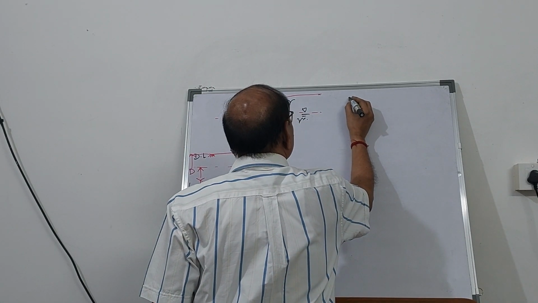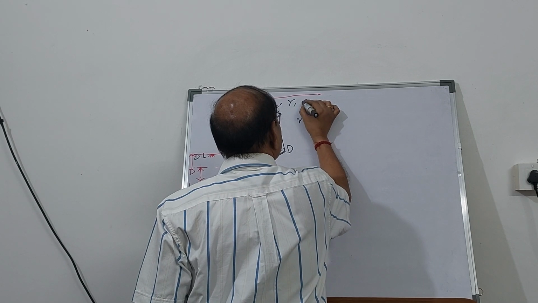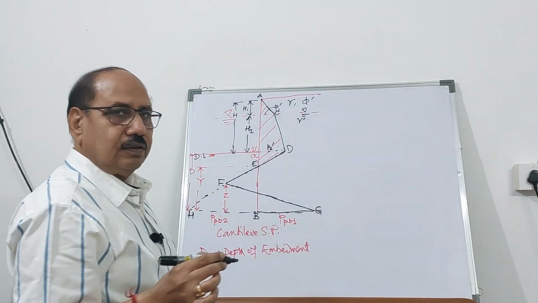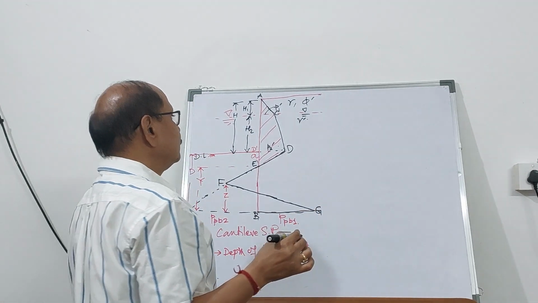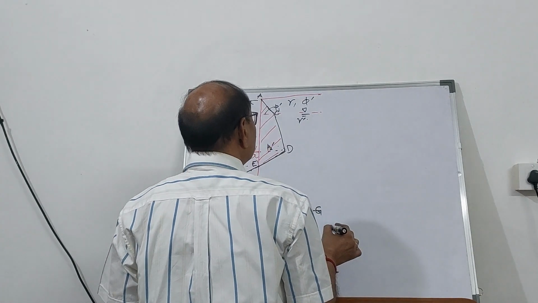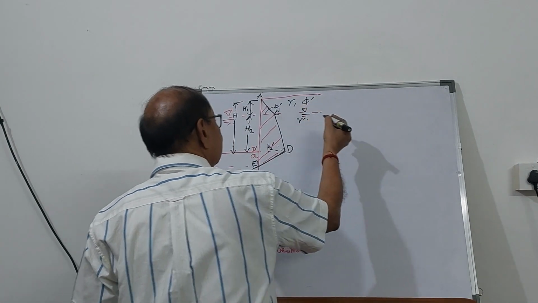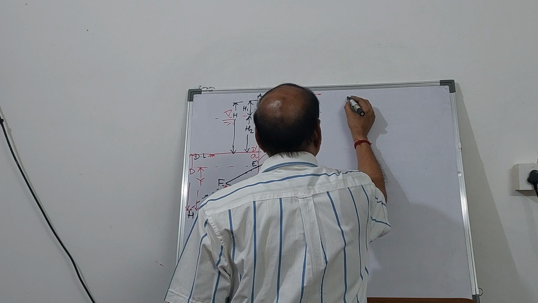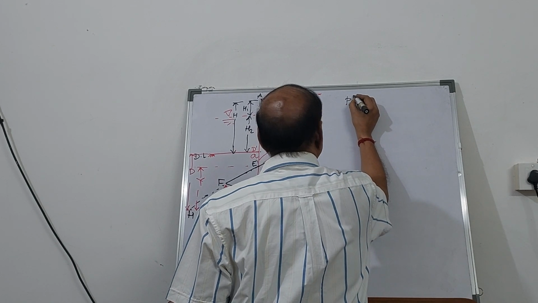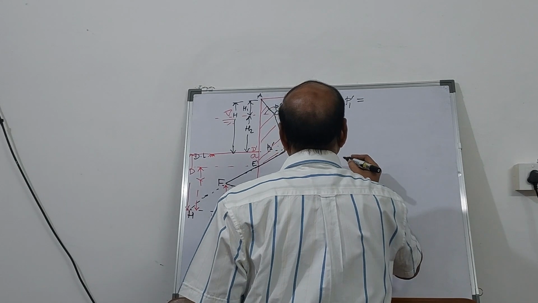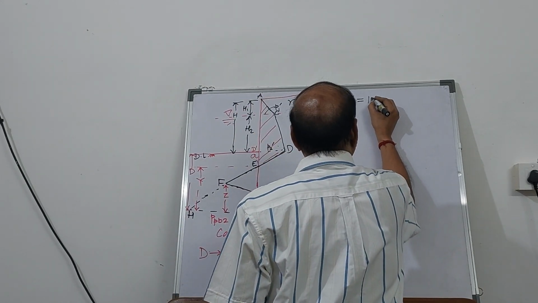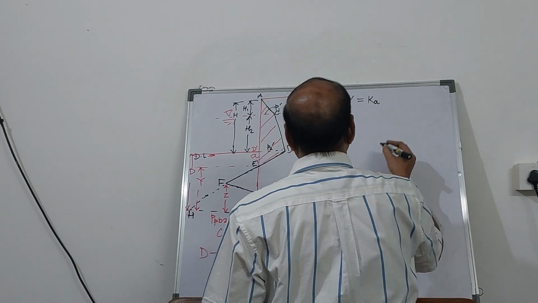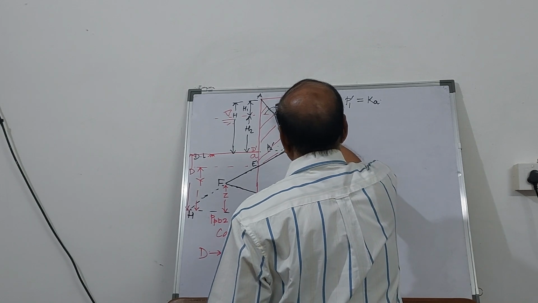Depending upon the phi prime value, the angle of internal friction or angle of shearing resistance phi prime, you can say that this P1 prime equals coefficient of active earth pressure into gamma into H1.